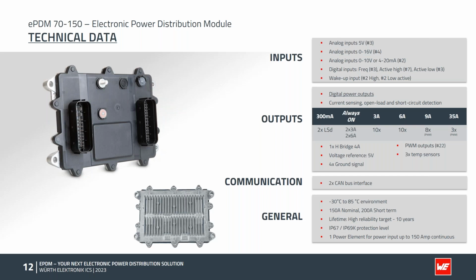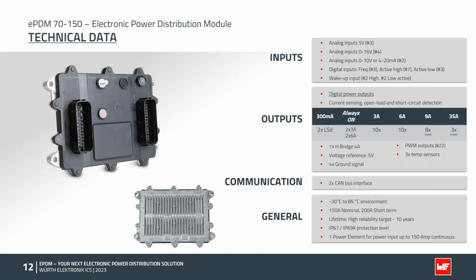To communicate with the rest of the system, the ePDM is equipped with 2 CAN buses. The first CAN bus is used for support of the UDS flashing protocol and live debugging mode from the WEcontrol Designer. The ePDM is capable of operating in the roughest environment, from -30 to +85 degrees Celsius. And when speaking about the continuous load, the ePDM is capable of supplying 150 amps at 70 degrees and 120 amps at 85 degrees.